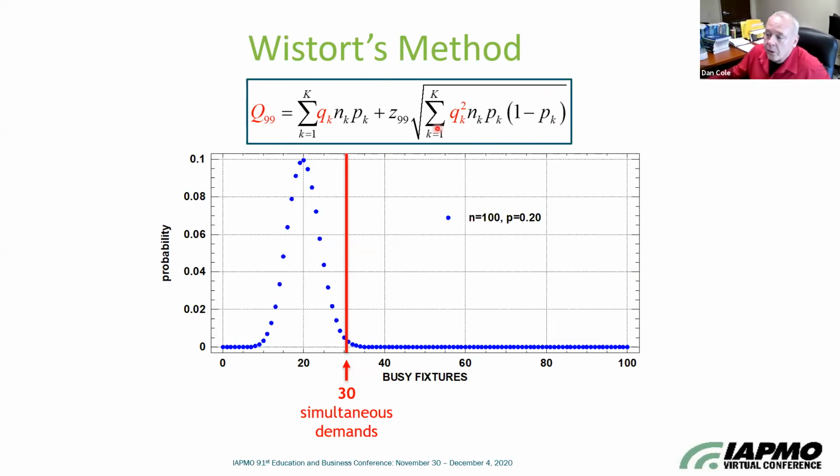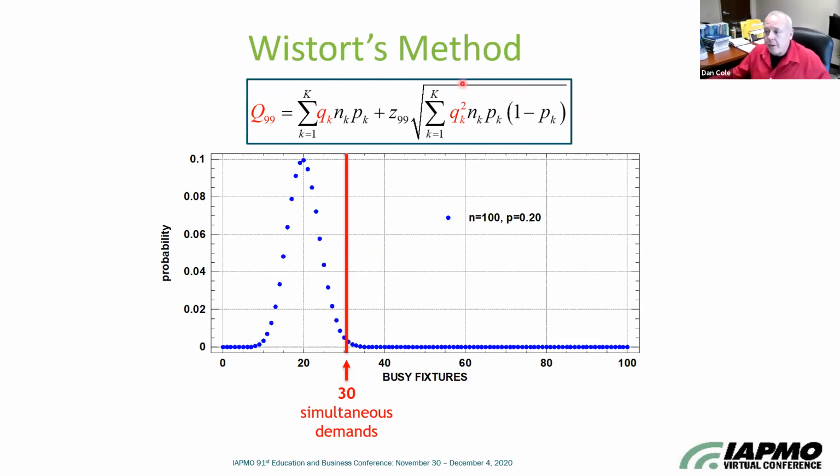What Wistort did is add the flow rate into the normal approximation. This was never done before. And he tested this against Hunter's curve, and it fitted Hunter's curve very accurately. So he knew that the normal approximation was an accurate method to approximate what is going on here.